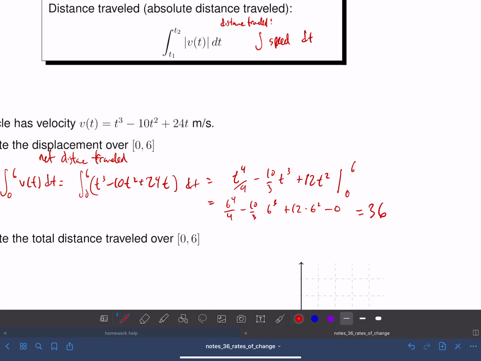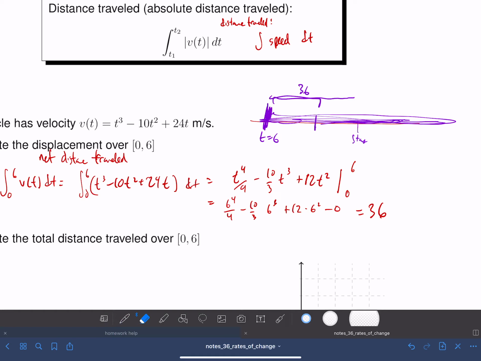So, in its journey, we've got a particle moving on a line, and it starts, we don't know where it starts. Maybe it starts over here. And it's moving back and forth and doing whatever it happens to be doing. And then when it ends here at time 6, it's 36 units to the right.